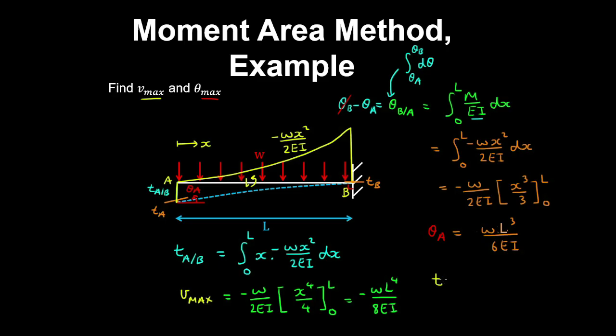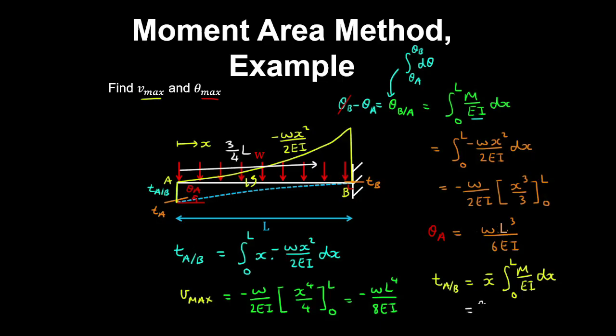Alternatively, you can use the centroid definition to find the distance between the tangents, which is x bar by the integral of the curvature over x from x equals 0 to L. And we know that the centroid of the curvature diagram is at 3/4 of the length of the beam.